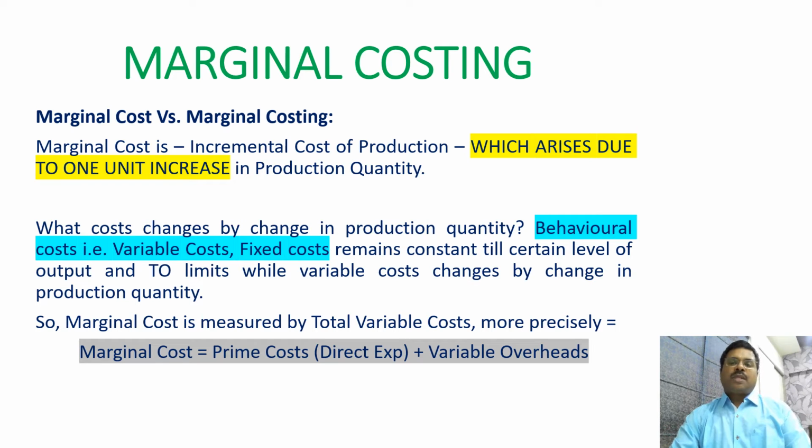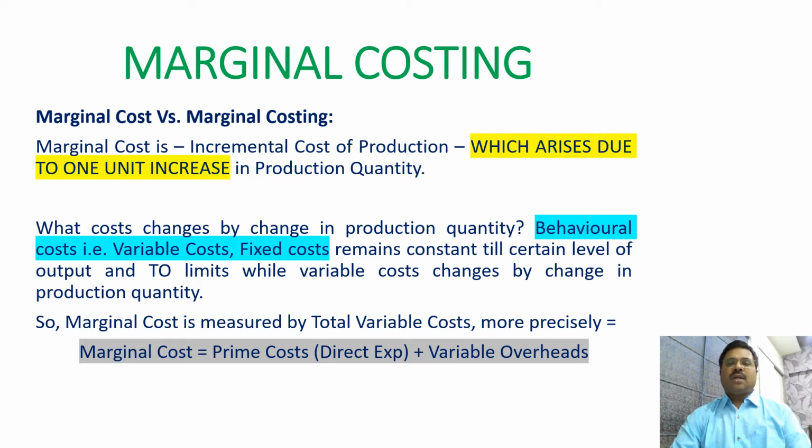So more precisely, marginal cost means direct cost, direct expenses and variable overheads. These put together, you get marginal cost. So when you identify marginal cost, you will be able to do the marginal costing.